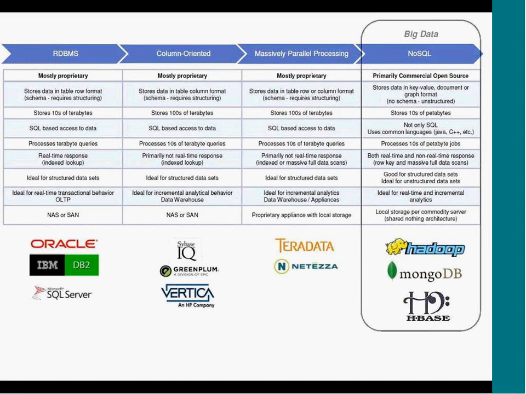As of today, what are the products available and what is the evolution? So if you see the first, traditional RDBMS systems, as of today we have examples like Oracle, IBM DB2, and SQL Server. Each has its own limitation.